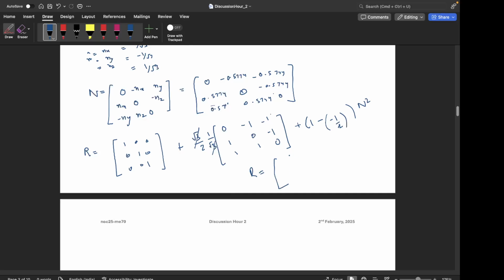So what we get is 0 minus 1 0, 0 0 minus 1, and 1 0 0. So this is same. Any questions still here?